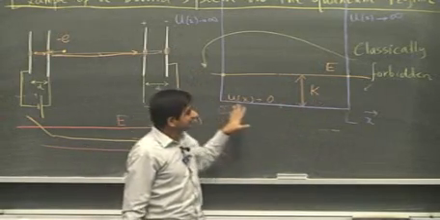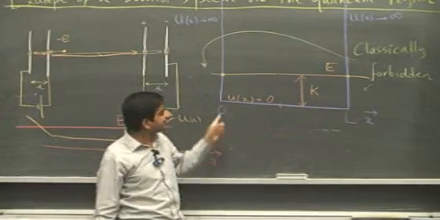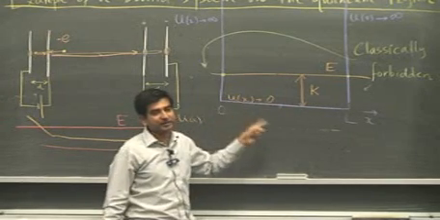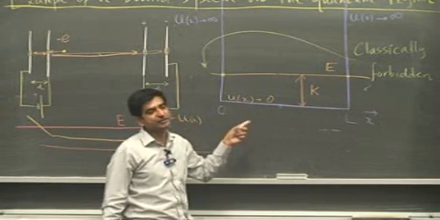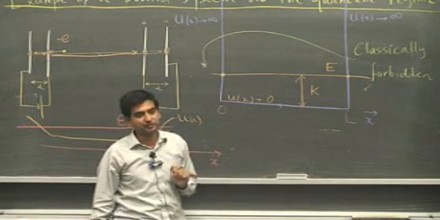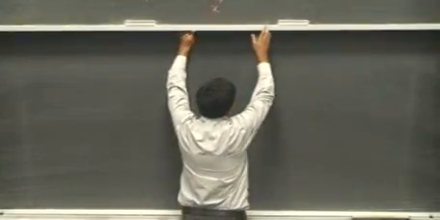Now in this situation, in real life, no potential is as sharp as this, but this is the simplest case that we can consider, because it allows us to solve the Schrödinger equation, and that is what we're going to do now.